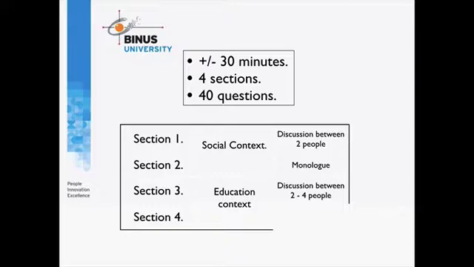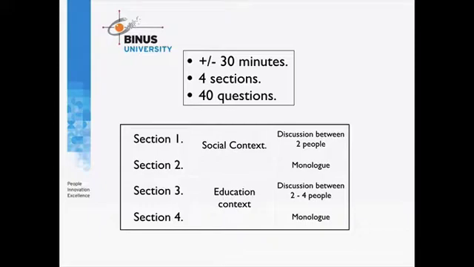And then section 4, following the pattern here, is a monologue. Again, this would be one person speaking, and often that would be a lecturer giving an academic type presentation. A lecture segment or something like that is quite typical.